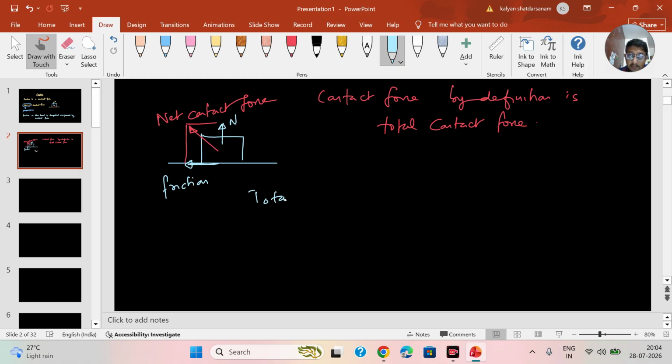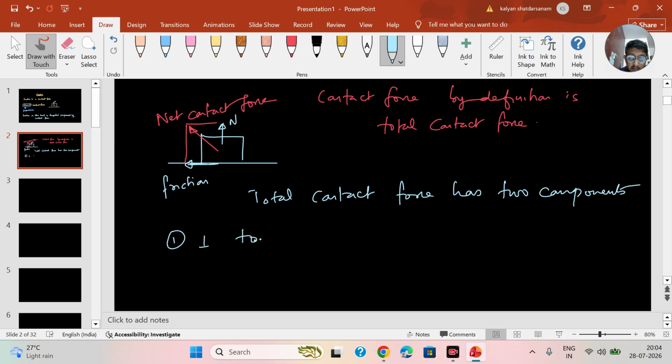So the total contact force has two components. One is perpendicular to the contact surface, called the normal contact force. So this component of contact force is called normal contact force.